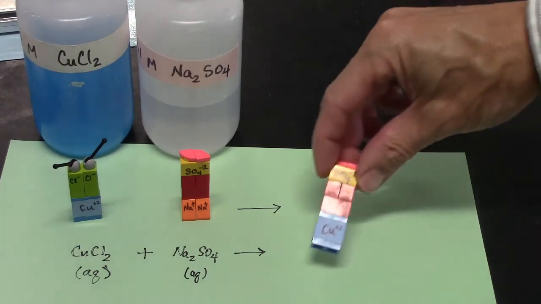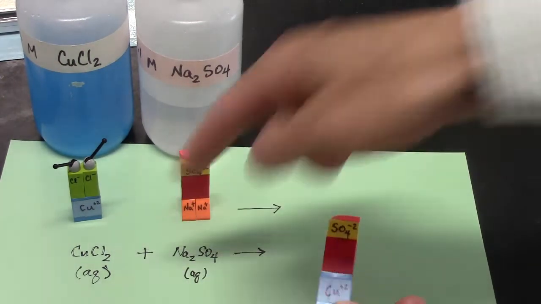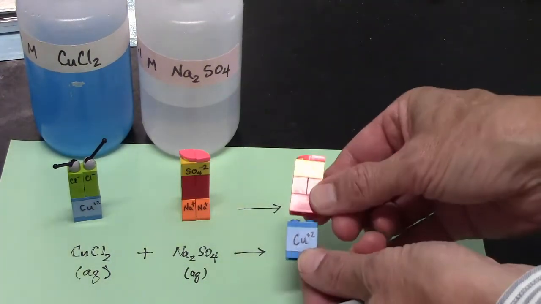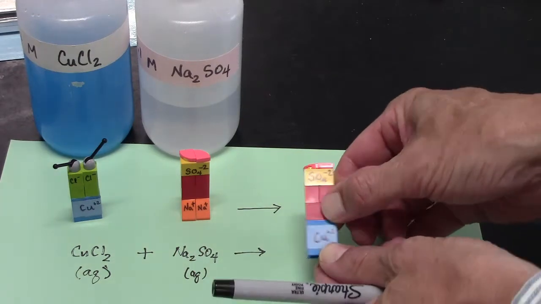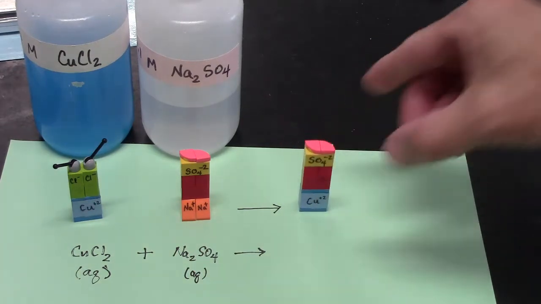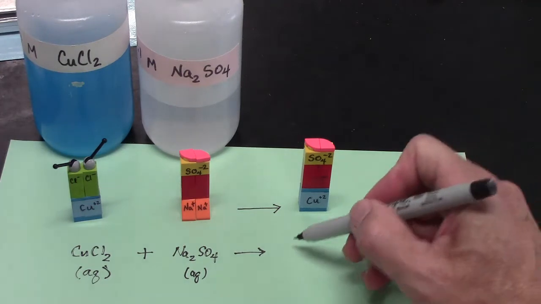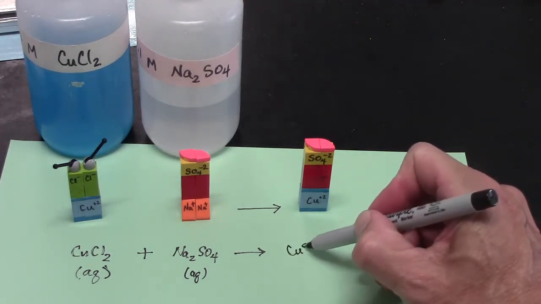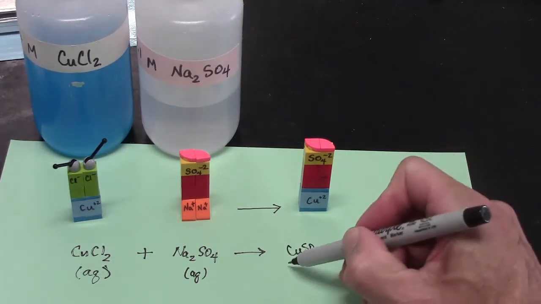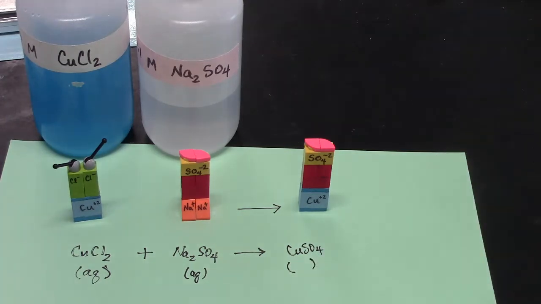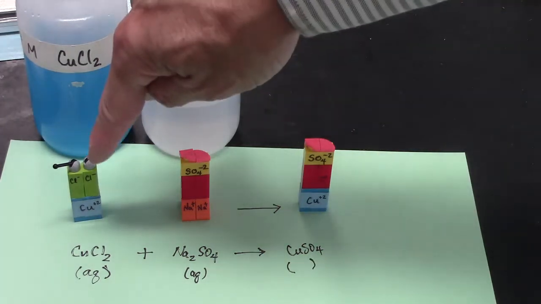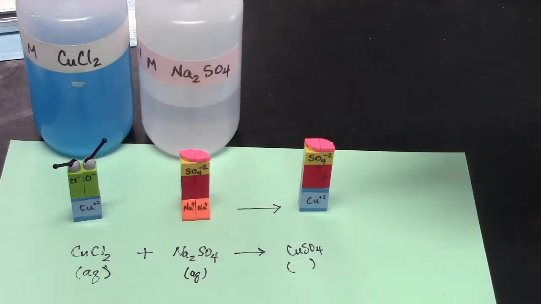One of the expected products is that the copper ion separates from the chlorides and then joins the sulfate. That's an expected product. I can write that as CuSO4. We'll think about what phase that will be. The other product will be the chloride ion combining with the sodium.